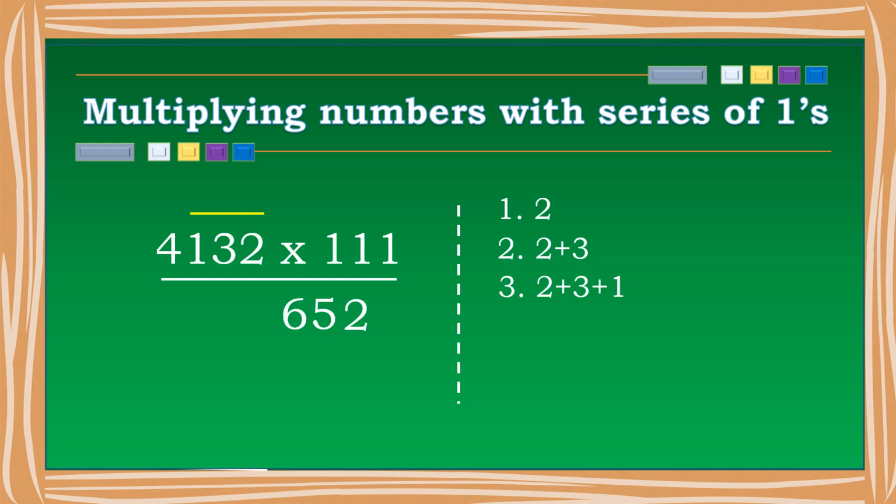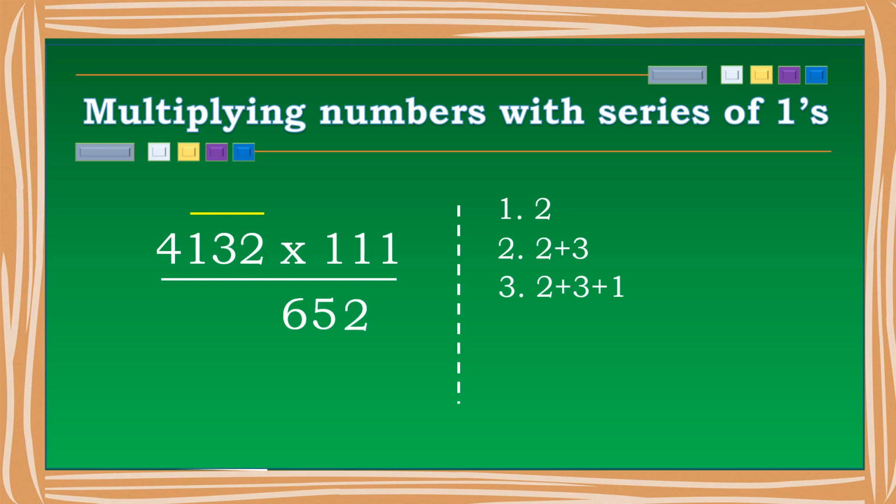Now here in the fourth step, we won't be doing 2 plus 3 plus 1 plus 4, which means 4 digits addition we are not doing. Here the maximum digits allowed for addition is only 3. That's because the multiplier 111 has 3 ones. So 3 digits maximum we can add in this process.